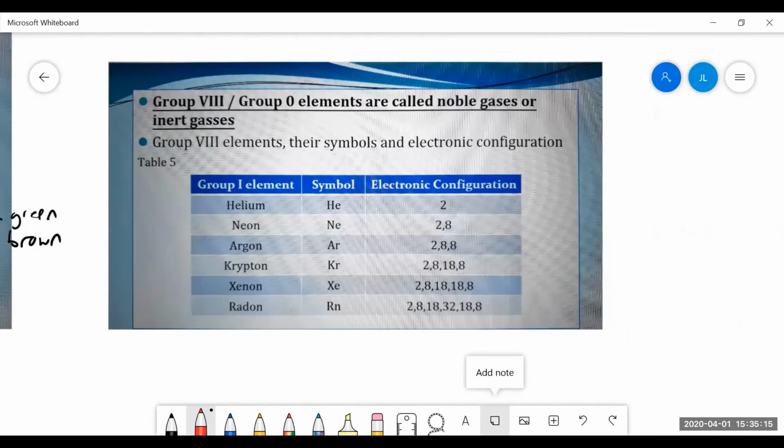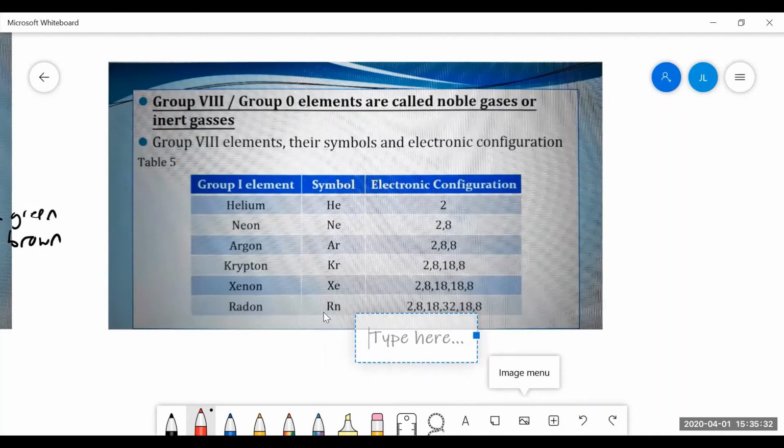Because they don't react with another element, so they act as if they are very noble. They are the noble one, the inert one. So we call it noble gas. Group 8 is also called noble gas or inert gas.